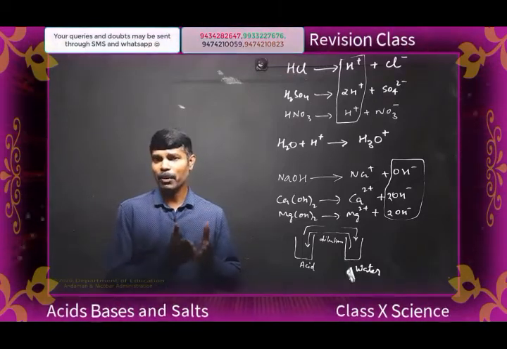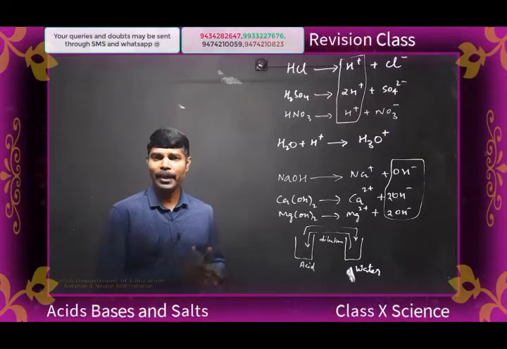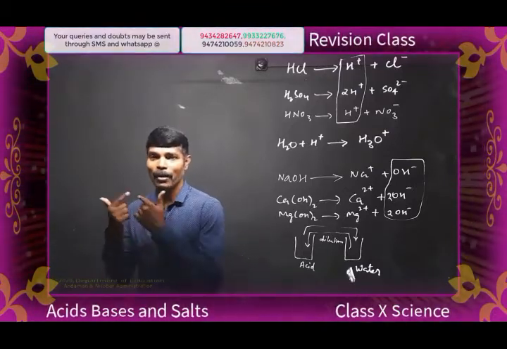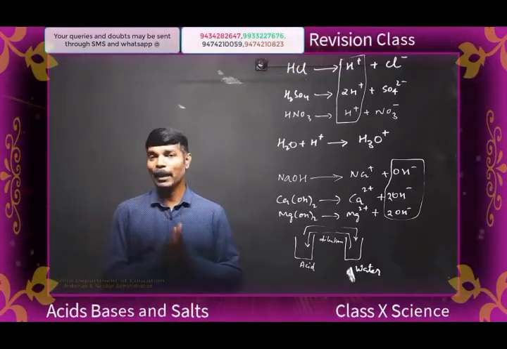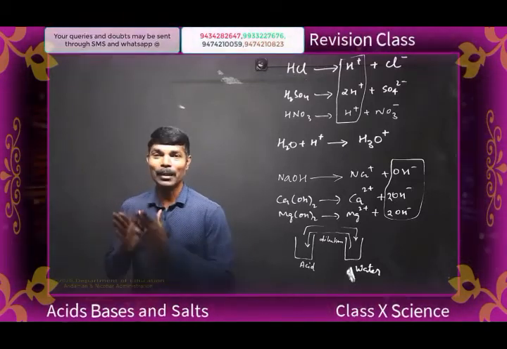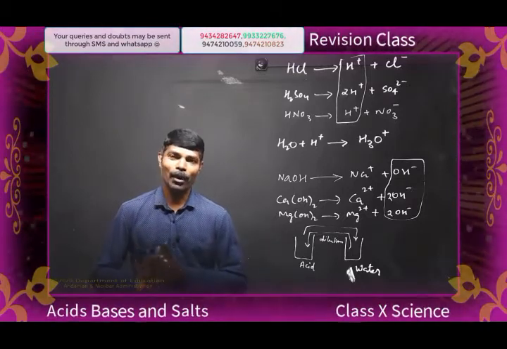The litmus paper, phenolphthalein indicator, methyl orange, all those indicators are helpful in identifying the acid or base. We can test for acidic or basic behavior, but those indicators won't tell us about the strength of the acid. So how can we measure the strength of the acid?